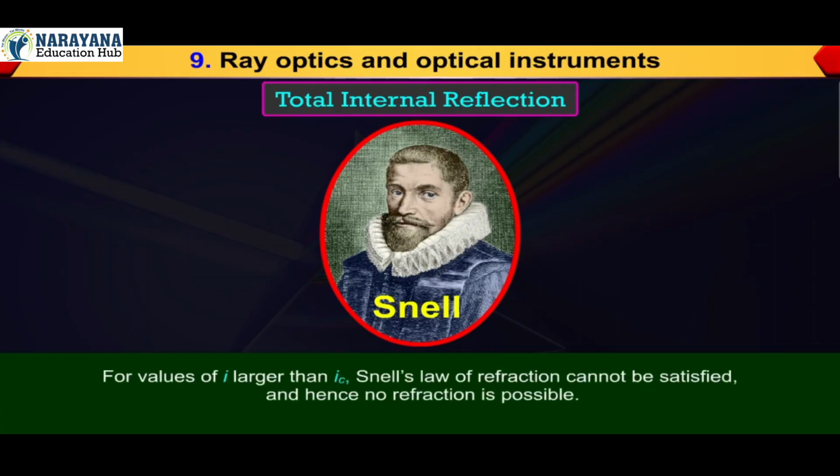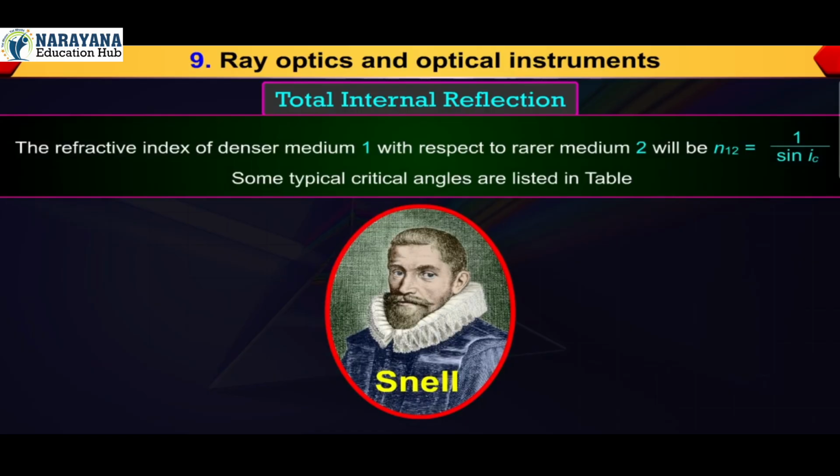For values of i larger than ic, Snell's law of refraction cannot be satisfied and hence no refraction is possible. The refractive index of denser medium 1 with respect to rarer medium 2 will be n12 is equal to 1 upon sin ic.